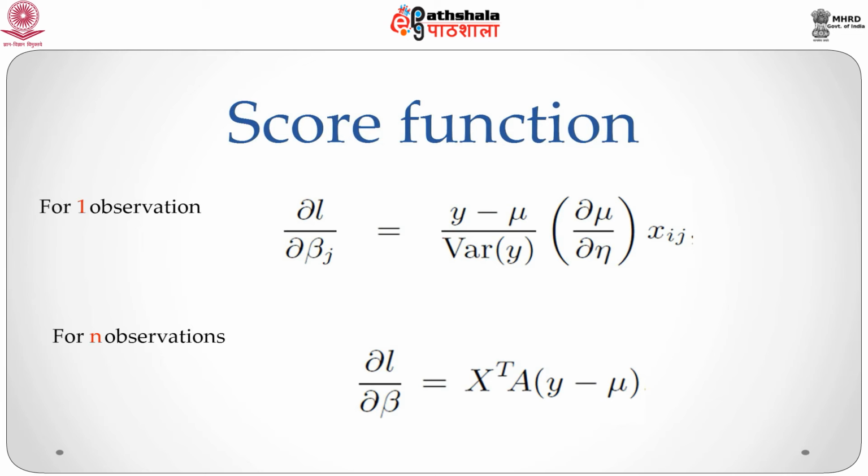For the entire likelihood, it simply turns out to be the summation of similar terms from each of the n individuals, and for each of the p beta j's. Combining all of this information, the score equation from the entire likelihood turns out to be of the form del L del beta equal to X prime A into (y minus mu) equal to 0.